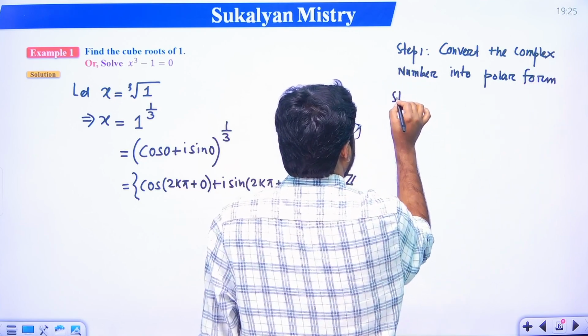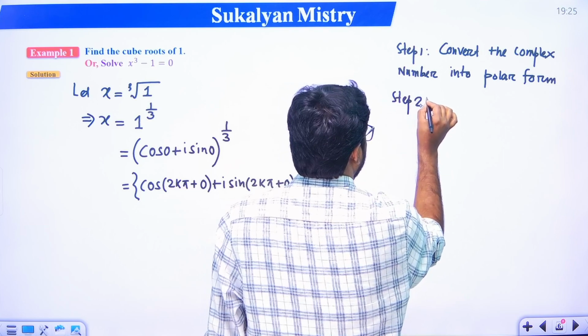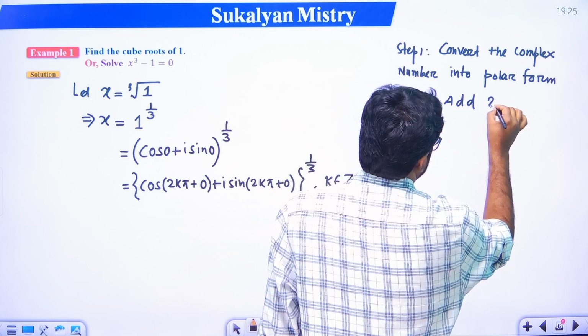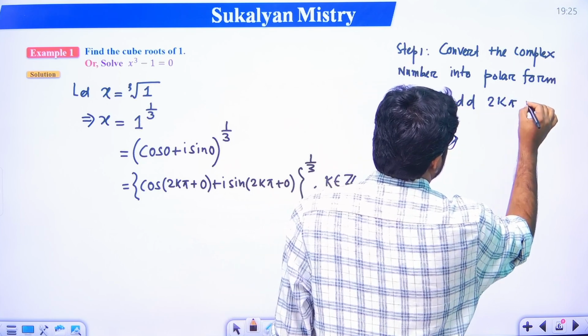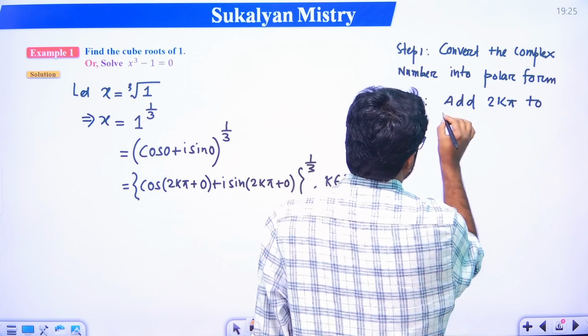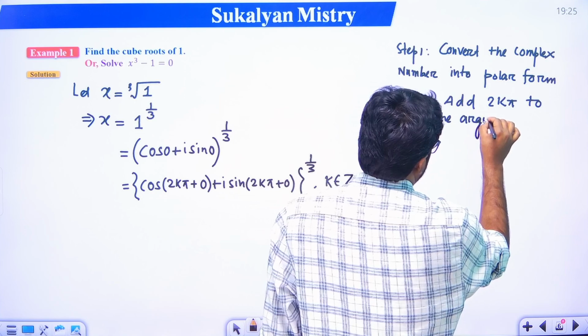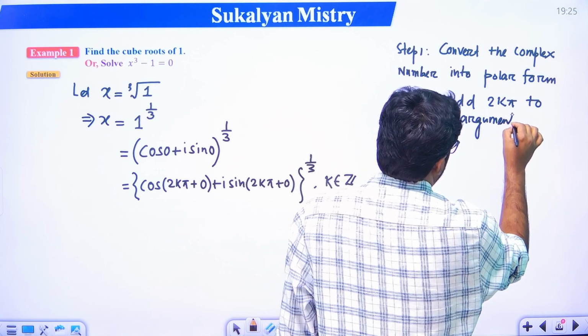Step 2, add 2k pi to the argument, that means to theta I will add 2k pi.